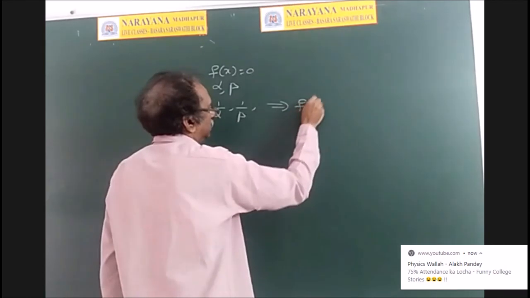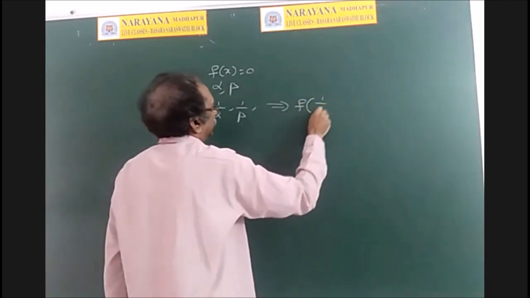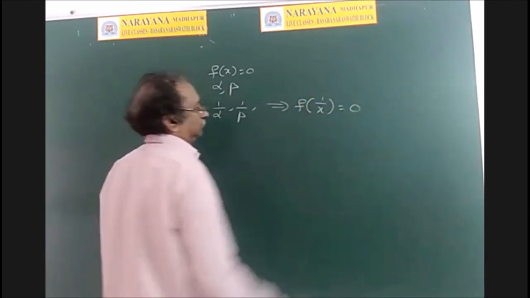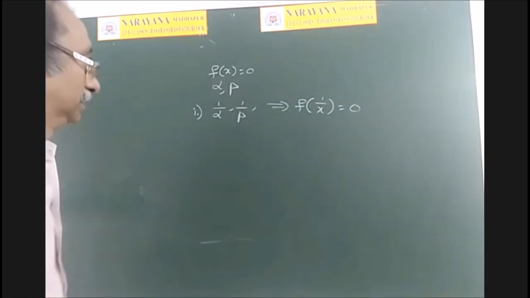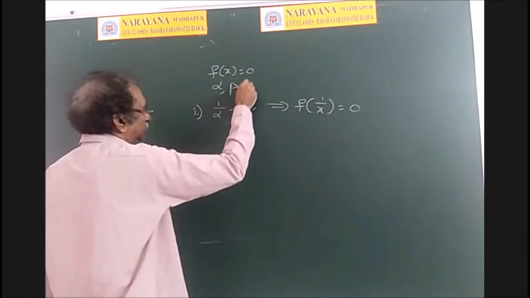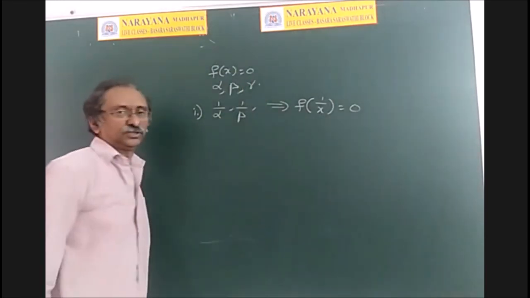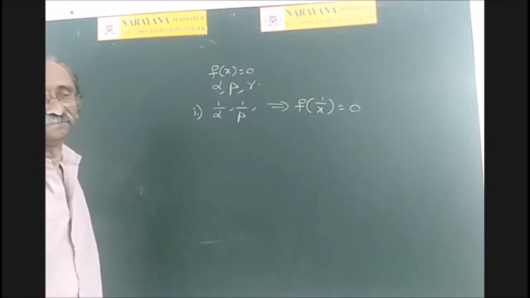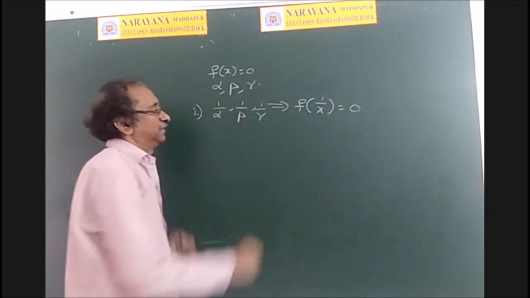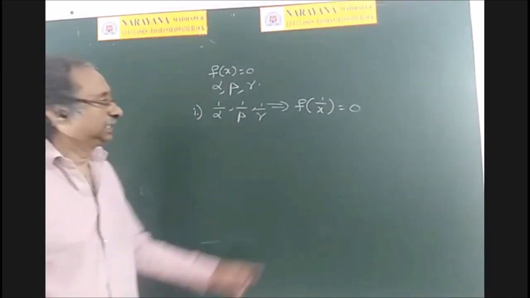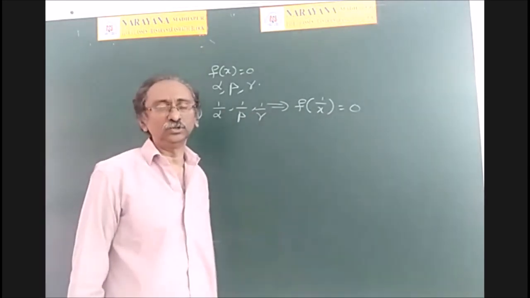What we have done is, in place of x, we have written 1 by x. So that is the equation whose roots are 1 by alpha, 1 by beta. Similarly, suppose this is a cubic equation with 3 roots alpha, beta, gamma. Then the cubic equation whose roots are 1 by alpha, 1 by beta, 1 by gamma is f of 1 by x is equal to 0.